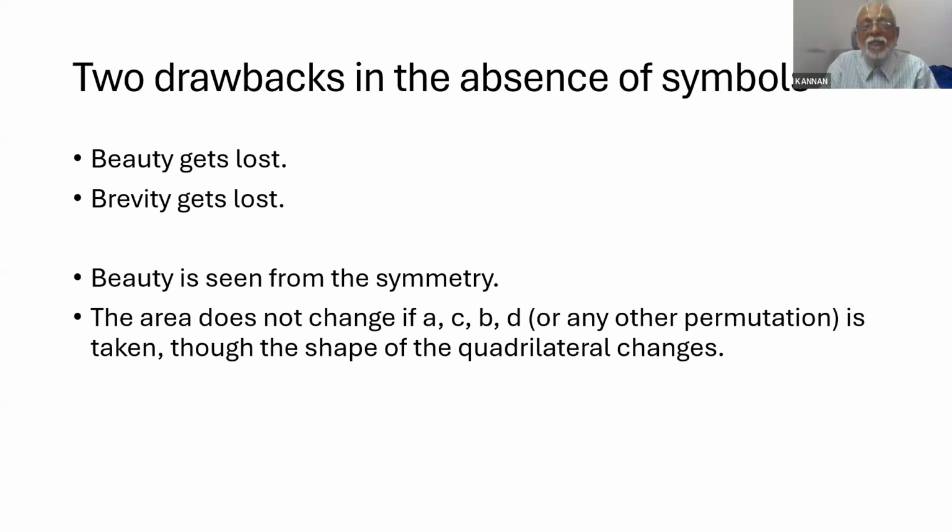Instead of B, the side C is now adjacent to the side A, which means the shape is going to change. But the area does not change. This is what I see as symmetry there. More than this, it is easy to memorize the formula because of this symmetry.